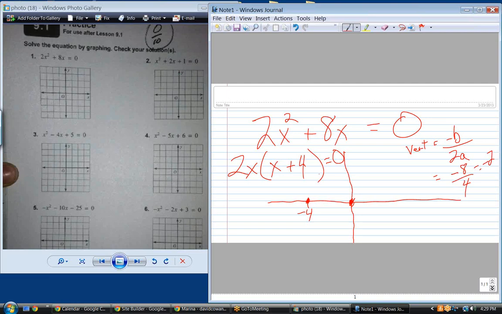So the vertex lies along this line of symmetry right there, but we still don't know where the y-coordinate of it is. How do we figure out the y-coordinate of the vertex? In other words, what we just figured out was the vertex x-coordinate. So what would the y value be?